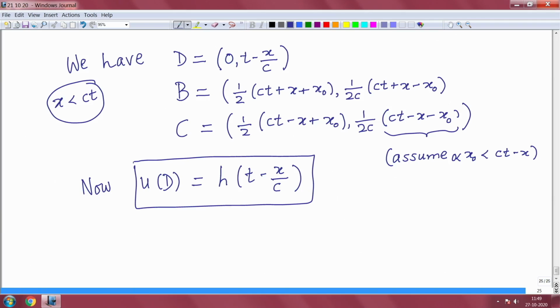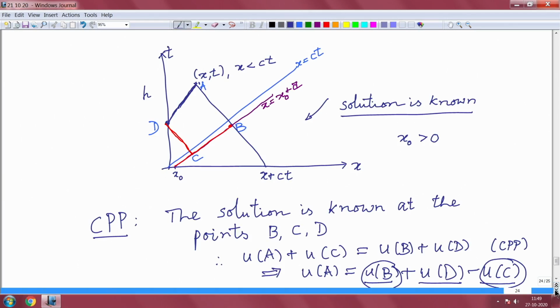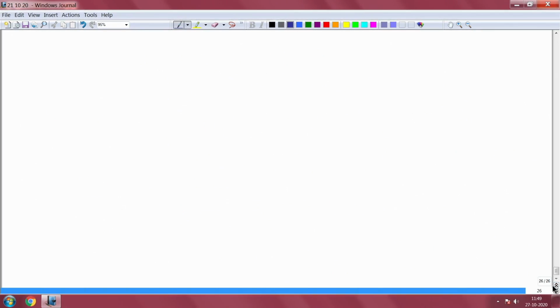Now again I want you to do some simple computation. By D'Alembert's formula, you see how D'Alembert's formula is repeatedly used.